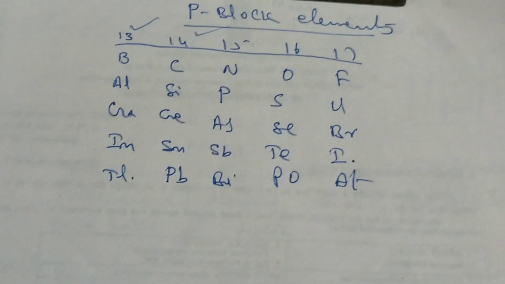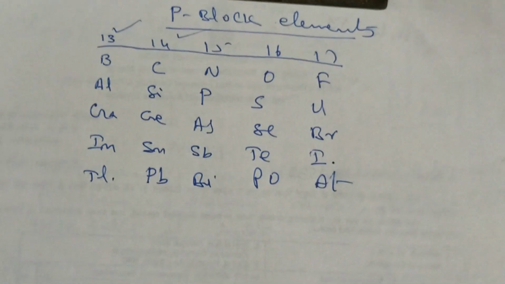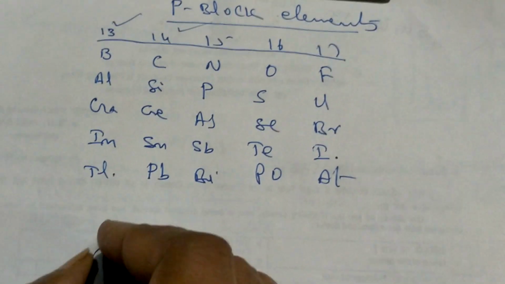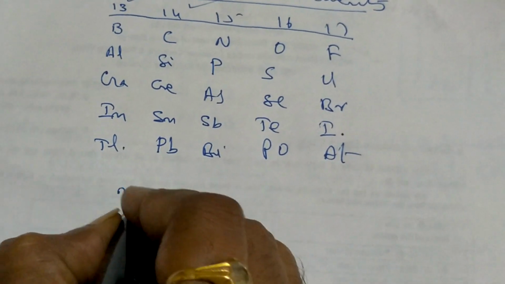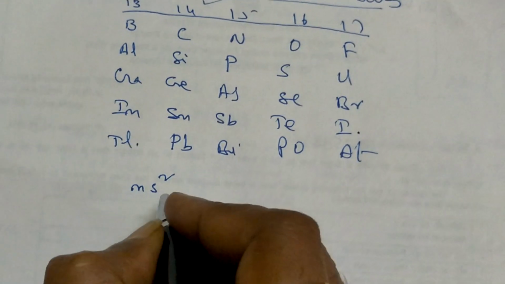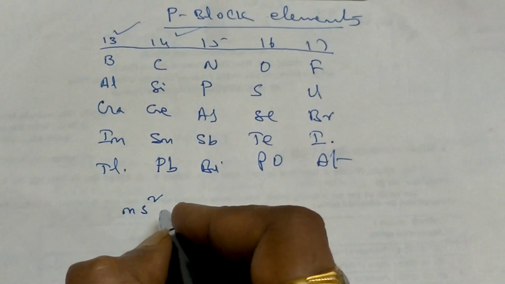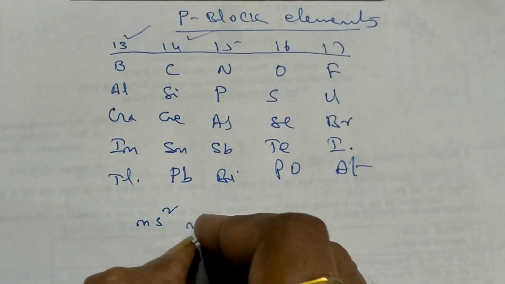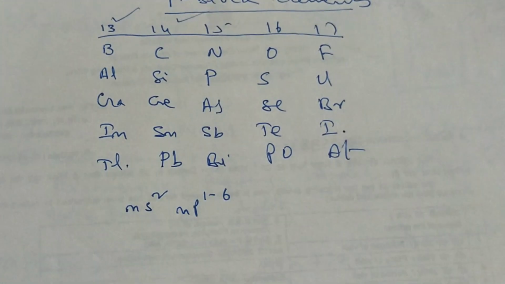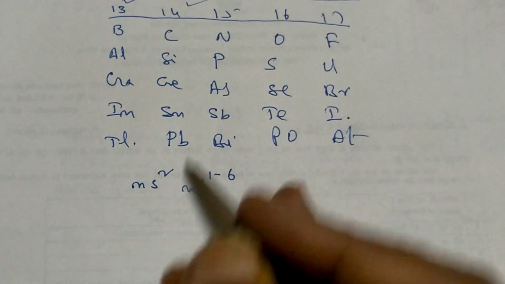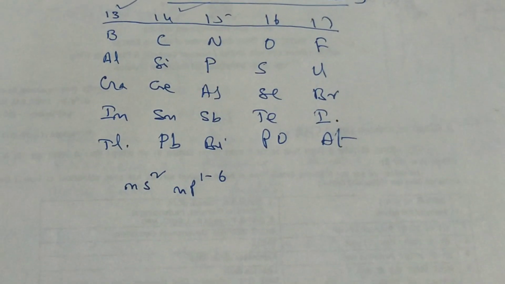These are the interesting things. If you see the P block generalized statement, the electronic configuration will be ns2, then np1 to 6. Other than helium, we are not at all considering group 18, that is the inner core.